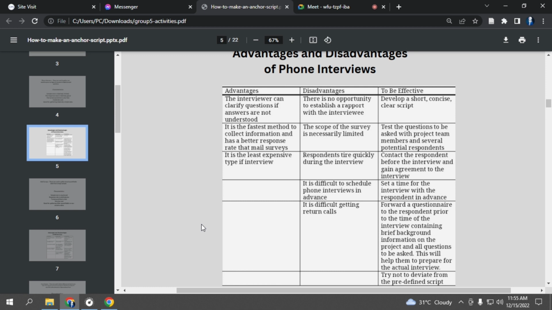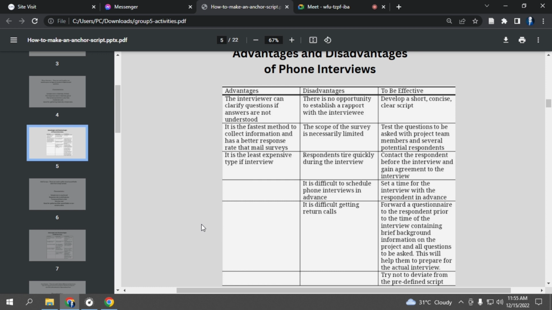To be effective, develop a short, concise, clear script. Test the questions to be asked with project team members and several potential respondents. Contact the respondent before the interview and gain agreement to the interview. Set a time for the interview with the respondent in advance.